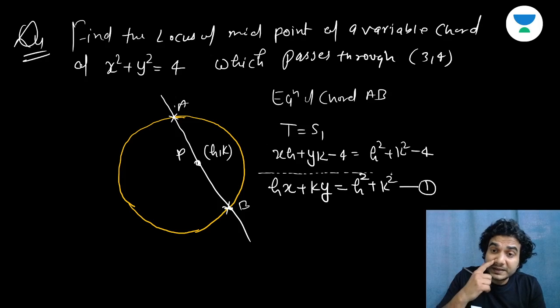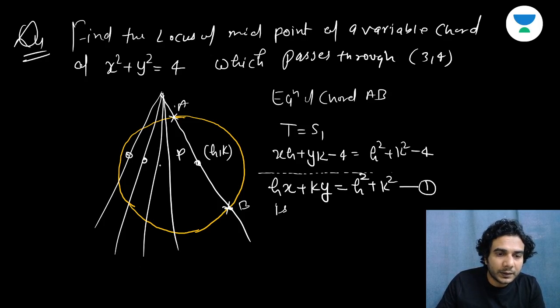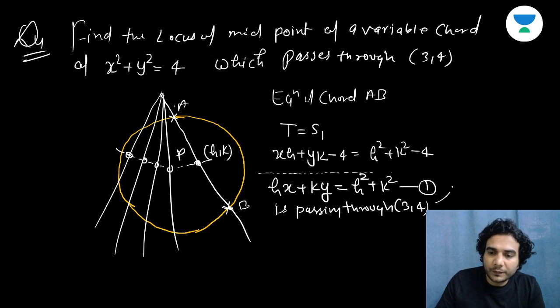Okay. Now what is this chord doing? Now this chord is passing through a fixed point. That means you need to find the locus of all these chords. All these chords. Can you see this? The midpoint. So it is going to be a curve something like this. Now this curve is passing through (3, 4). So just put (3, 4) in this equation.